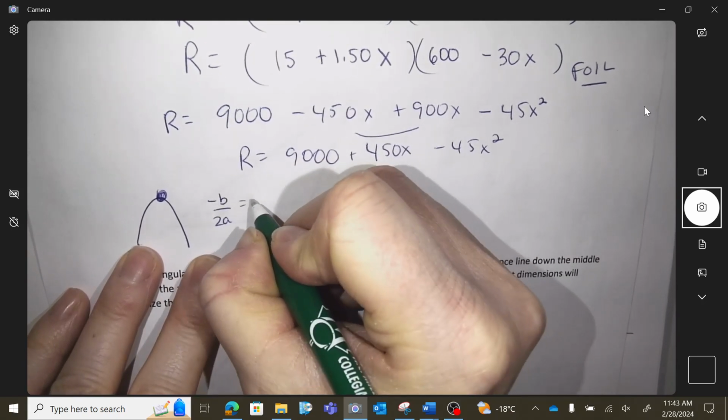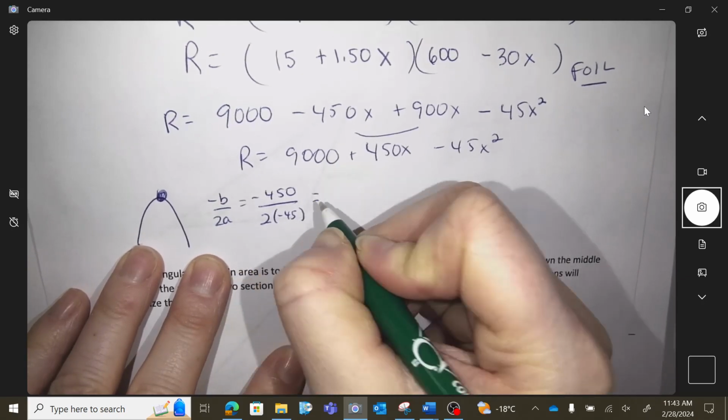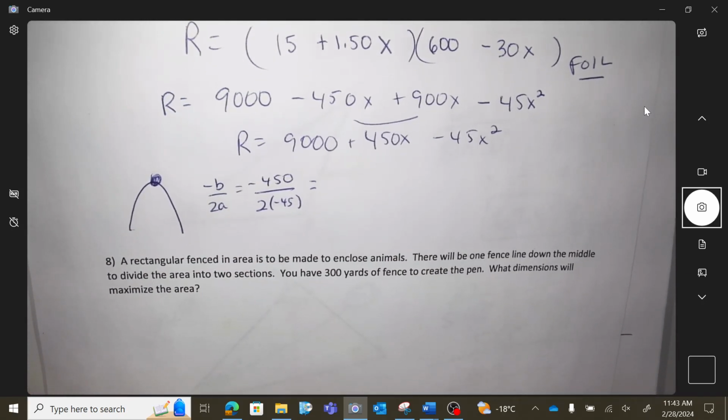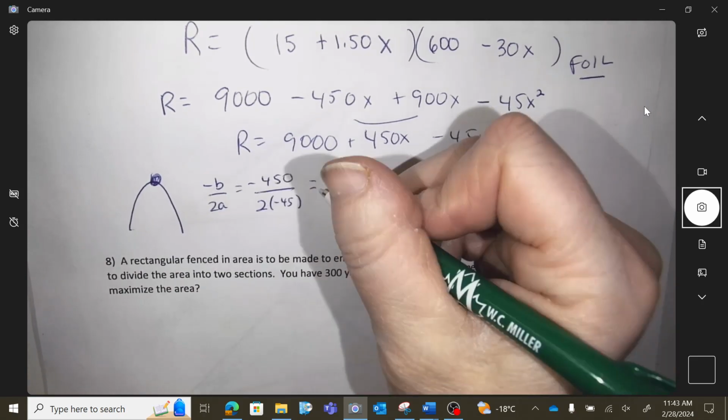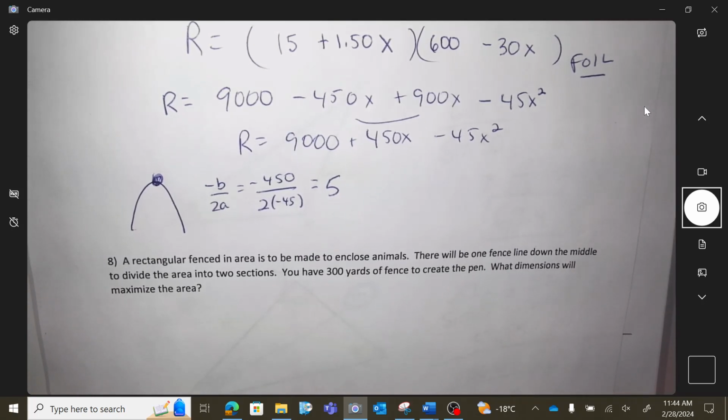Negative b over 2a. So that's a 5, but we're going to hold it there right now.